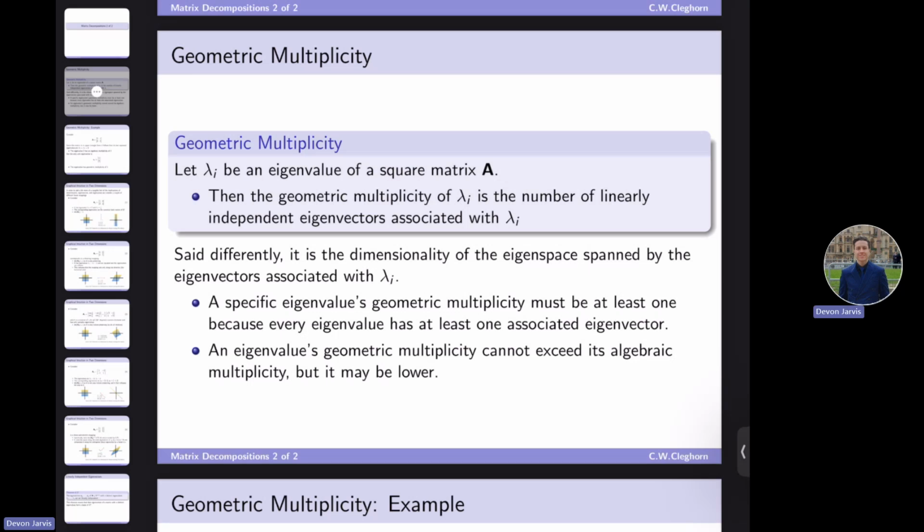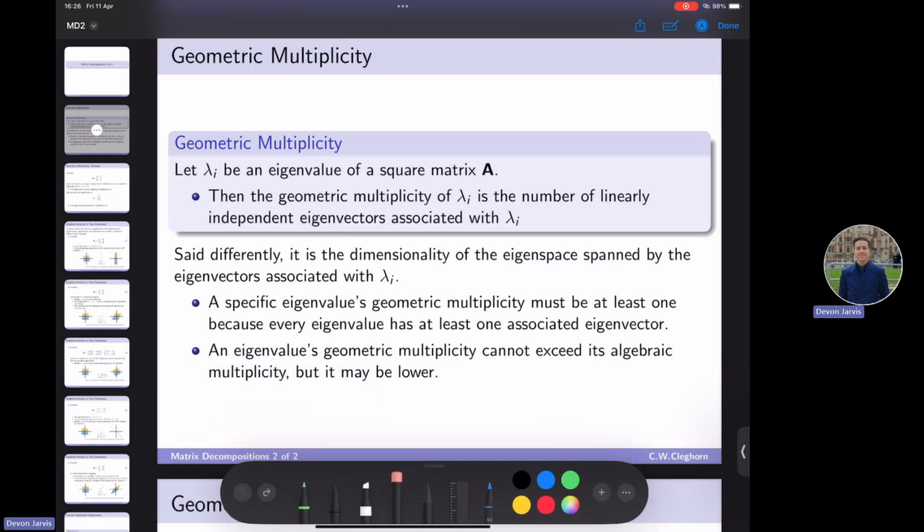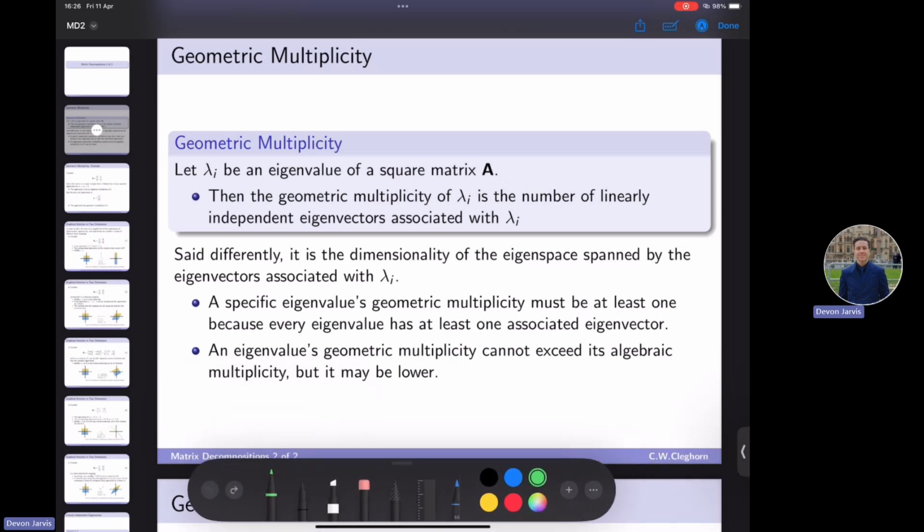Okay, this is the geometric multiplicity. So for a given eigenvalue lambda i of a square matrix A, the geometric multiplicity of lambda i is the number of linearly independent eigenvectors associated with lambda i. So it's now no longer got to do with the eigenvalues, it's the eigenvectors that we're trying to describe with this value. Ultimately it is the dimensionality of the eigenspace defined by a particular eigenvalue.